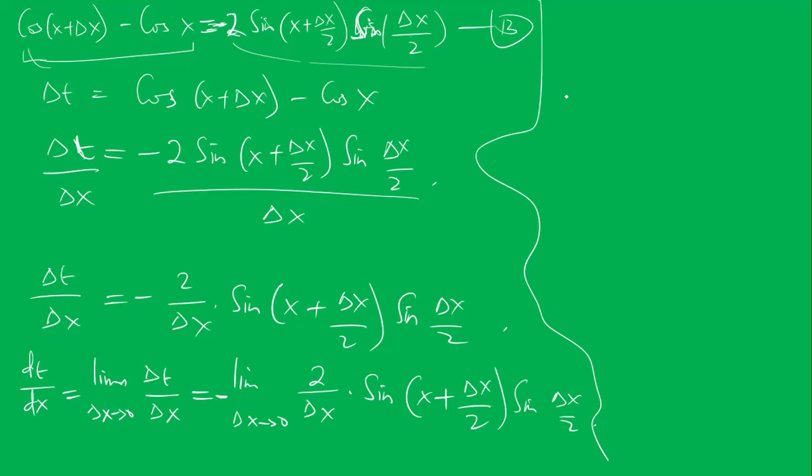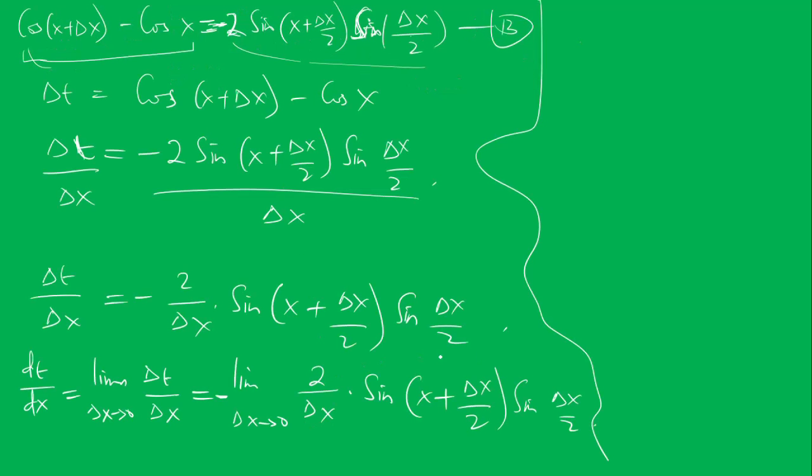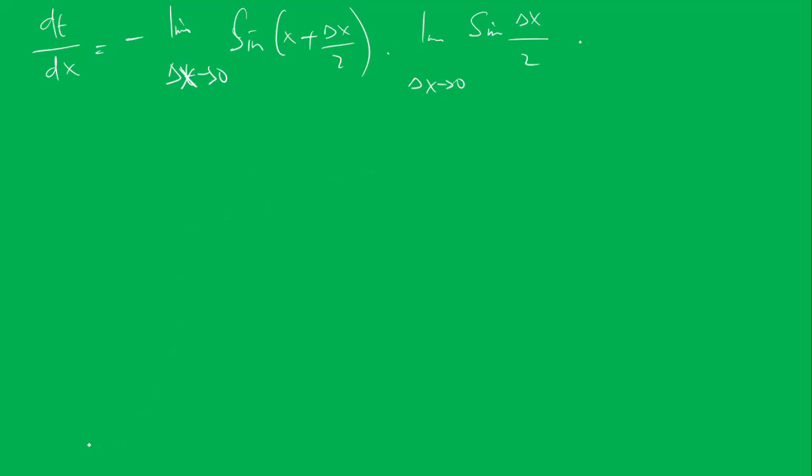Now we have dt all over dx equal to minus the limit of delta x tending to 0 of sine x plus delta x all over 2 times the limit of sine delta x all over 2, times 2 all over delta x.